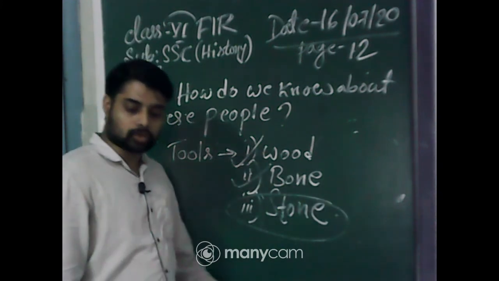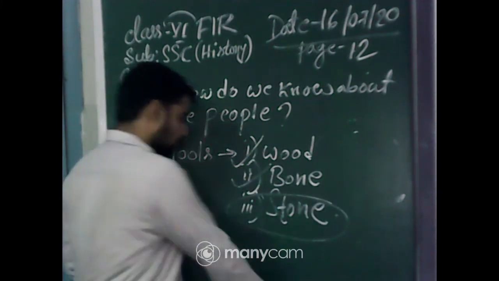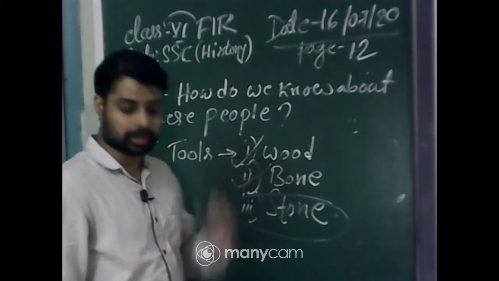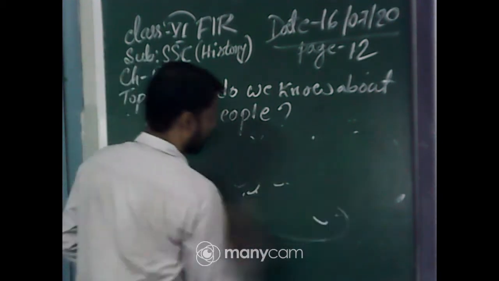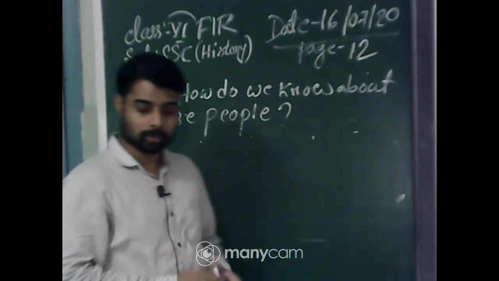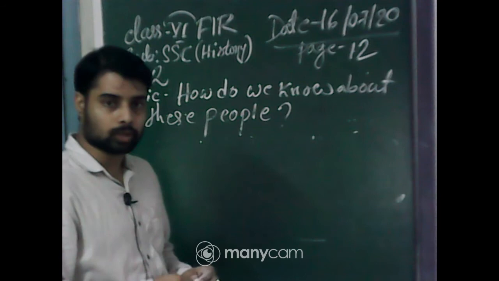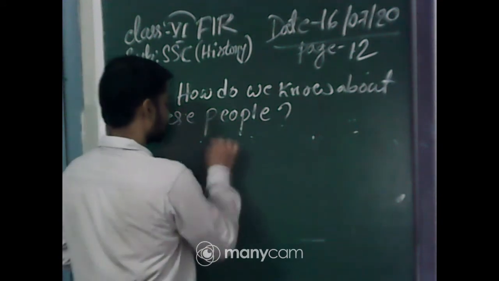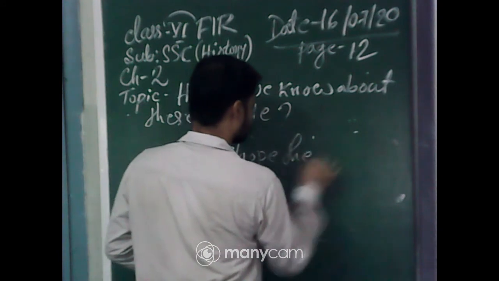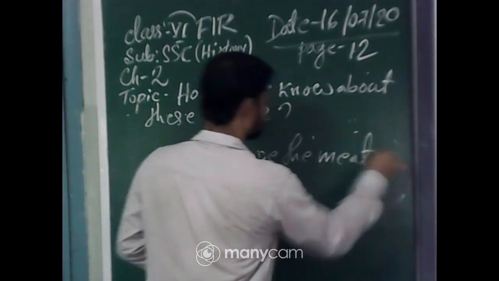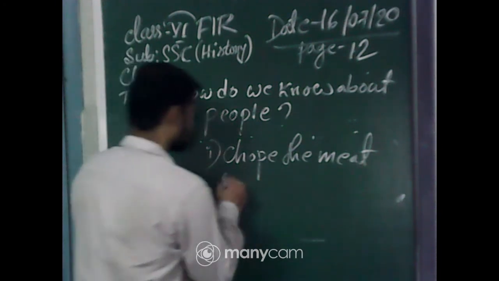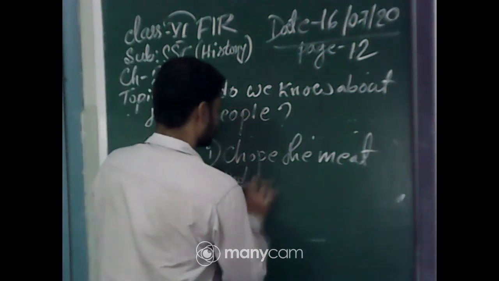Stone tools were of 3 types. One type was used to chop meat and bone.